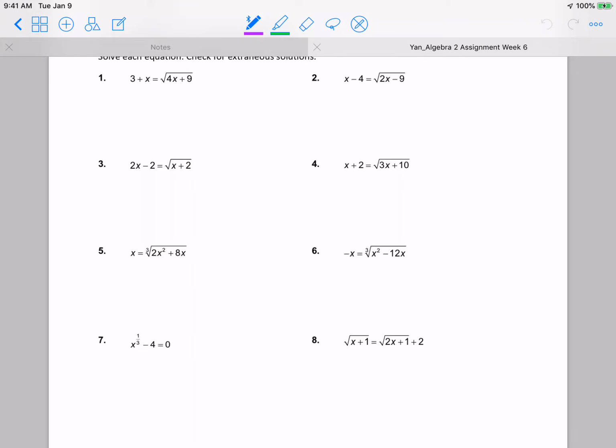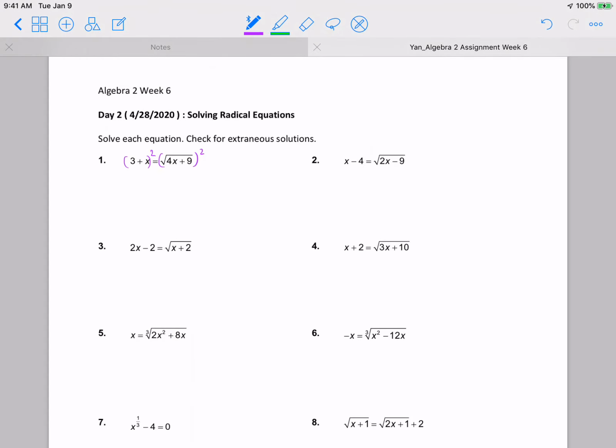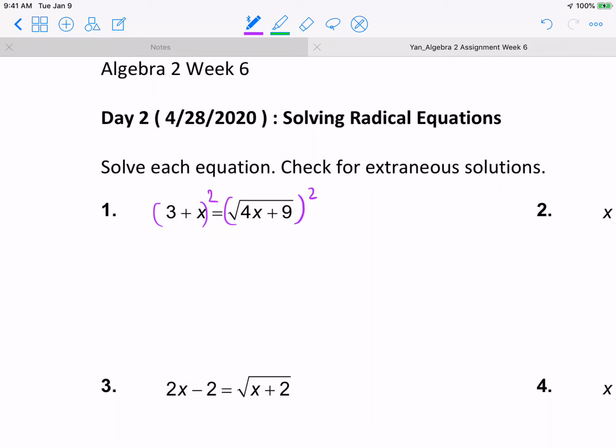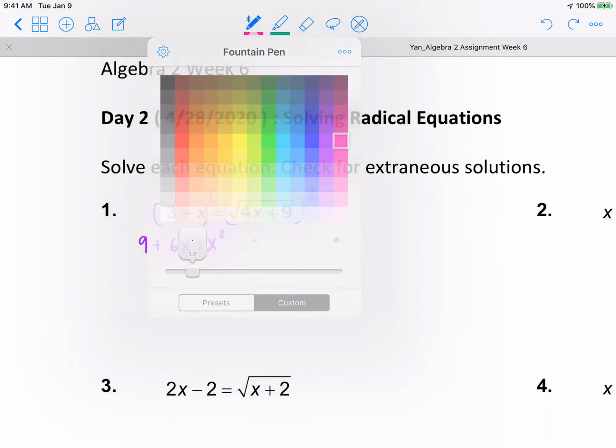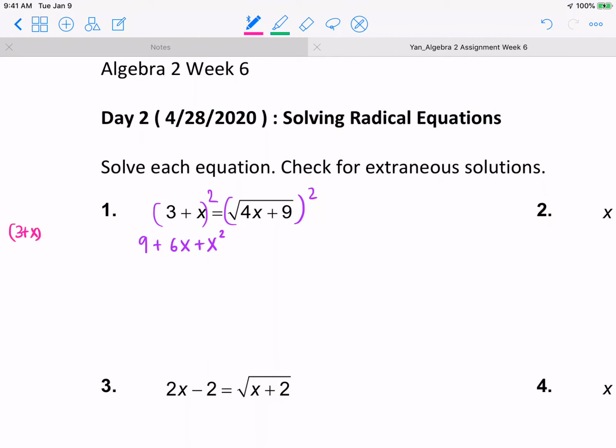Since I have a square root, I gotta square both sides. Day 2 is more challenging than day 1. So if I square both sides, the left side I'm gonna have 9 plus 6x plus x squared. Let me show my work on the left. 3 plus x times 3 plus x.